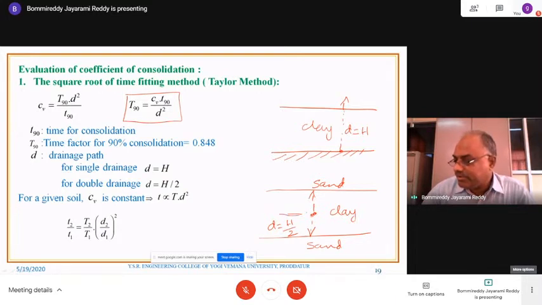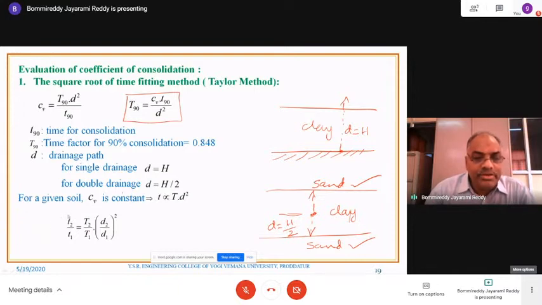In the case of double drainage, we have one drainage at the top and another drainage at the bottom. So in that case, d will be equal to H by 2, and in this process of double drainage, consolidation takes place quickly. Whereas in single drainage, water moves in only one direction, and the total drainage path will be equal to the height of the soil.